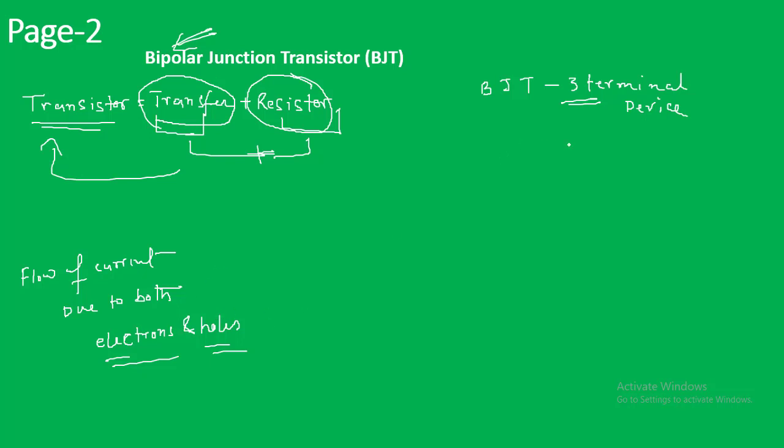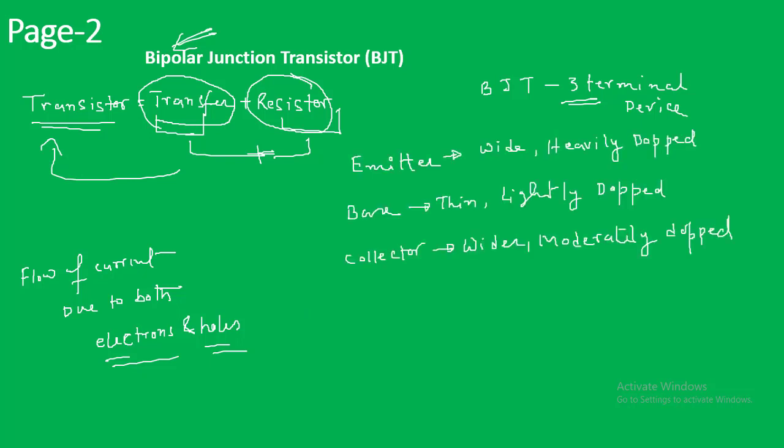Now as we have mentioned, BJT is a 3-terminal device. These terminals are named emitter, base, and collector. These are the 3 terminals of the bipolar junction transistor. Emitter is generally wide and heavily doped. This doping concentration plays a very important role in the construction of the bipolar junction transistor. So the emitter has to be heavily doped.